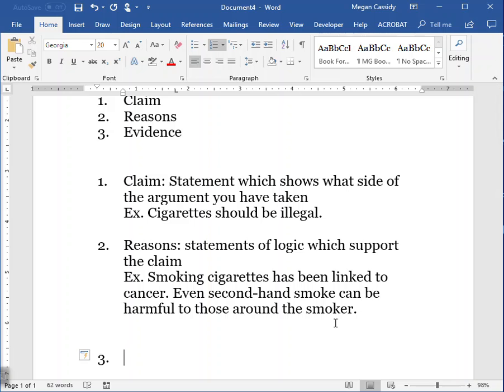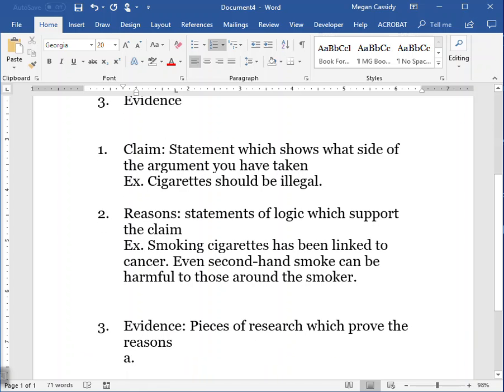The third piece of this type of argument is evidence. And evidence are pieces of research which prove the reasons. So in college composition, we talk about all different types of evidence.